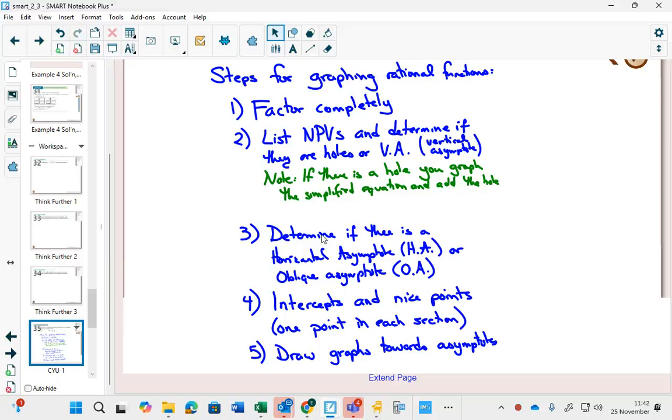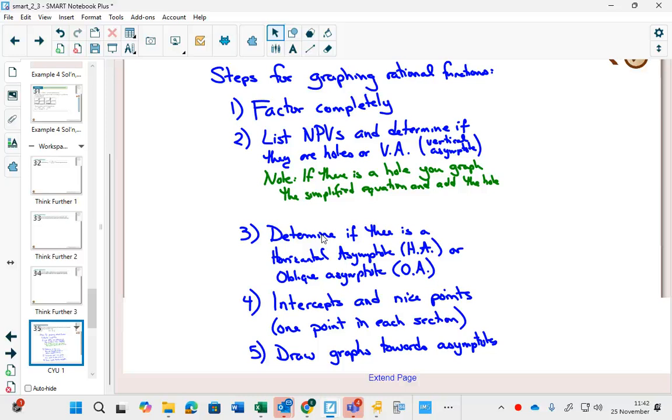So you will have a horizontal asymptote if it is group 2 or group 3. In other words, if the degree is the same on the top and the bottom, or if the degree is bigger on the bottom, then you'll have horizontal asymptotes. If you have group 1 and it didn't simplify to just be a straight line, then you're going to have an oblique asymptote.